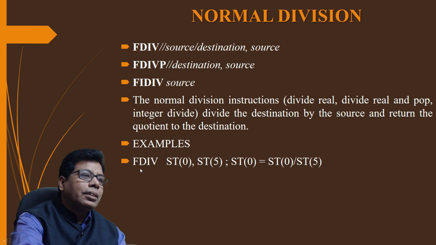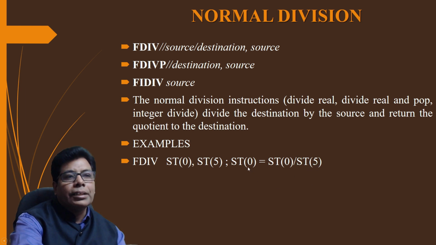If you take the example FDIV ST0, ST5, ST0 is the stack top and ST5 is another register. So ST0, the destination, is divided by the source ST5, and the result will be stored in the destination ST0, that is on the stack top. We can take various examples by changing the registers here.